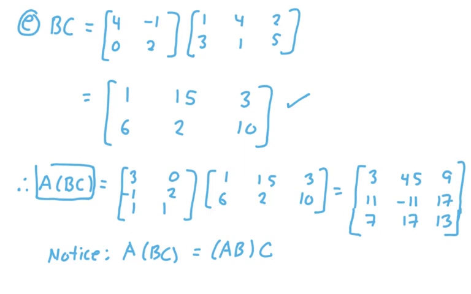So A times the quantity BC is the matrix 3, 0, negative 1, 2, 1, 1 times the matrix 1, 15, 3, 6, 2, 10. When I multiply these two matrices, I get the matrix 3, 45, 9, 11, negative 11, 17, 7, 17, 13.